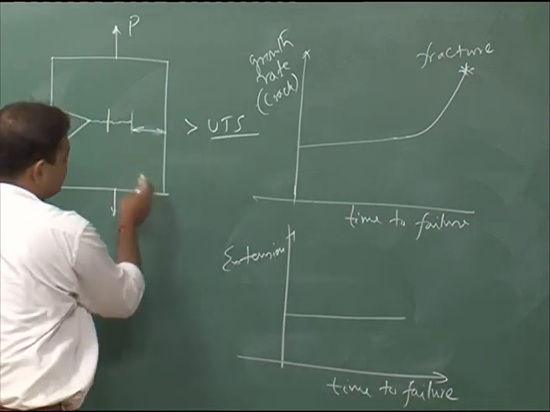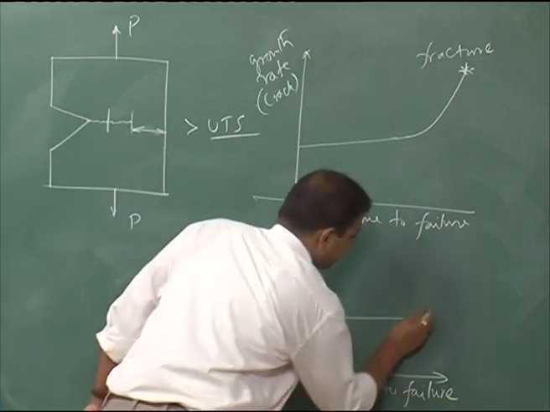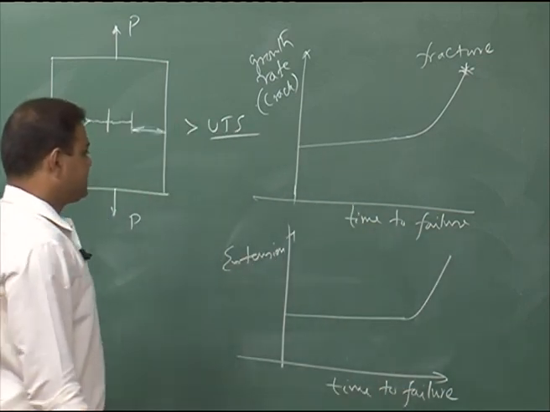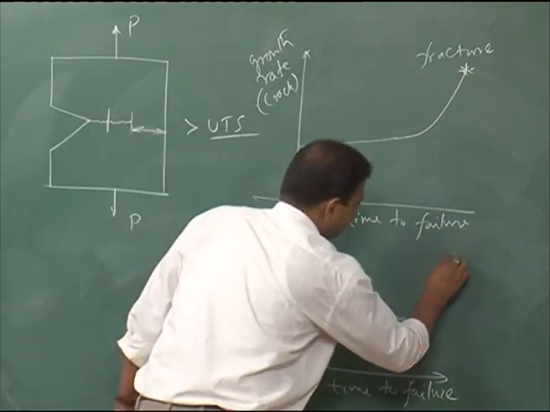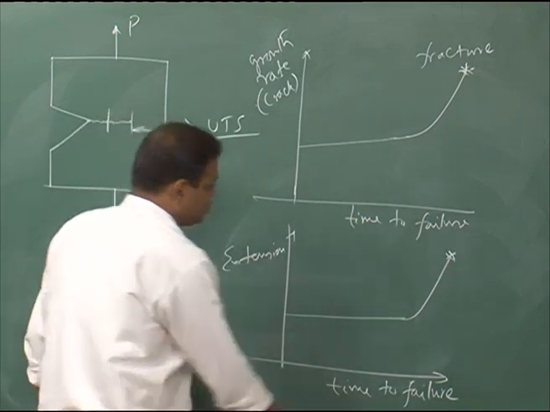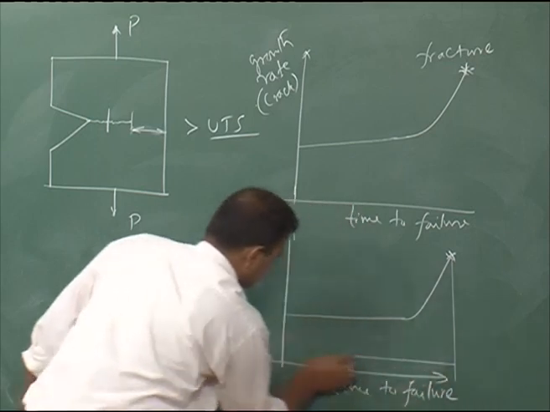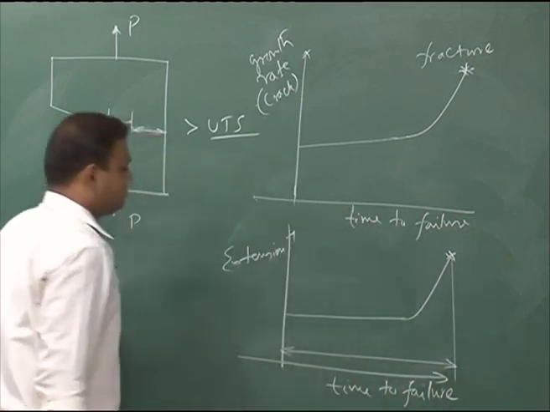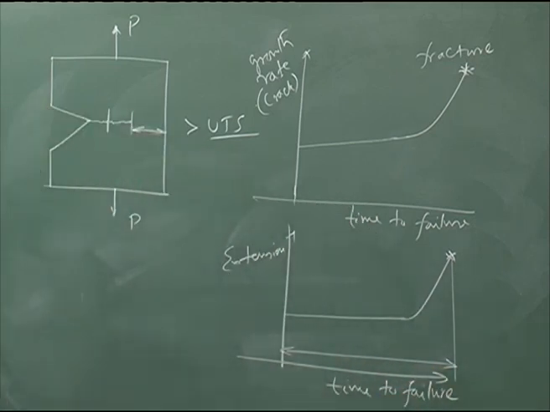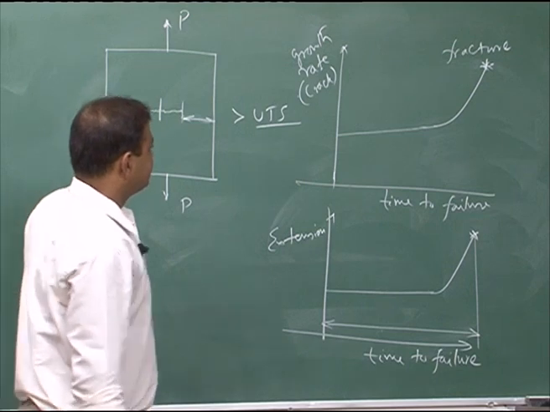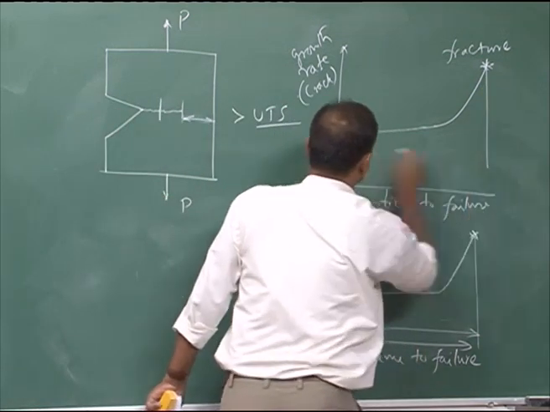Now, once it reaches this level, there will be rapid extension of the material and here it will fail. So, this time needs to be checked in order to find out the SCC susceptibility of the material.